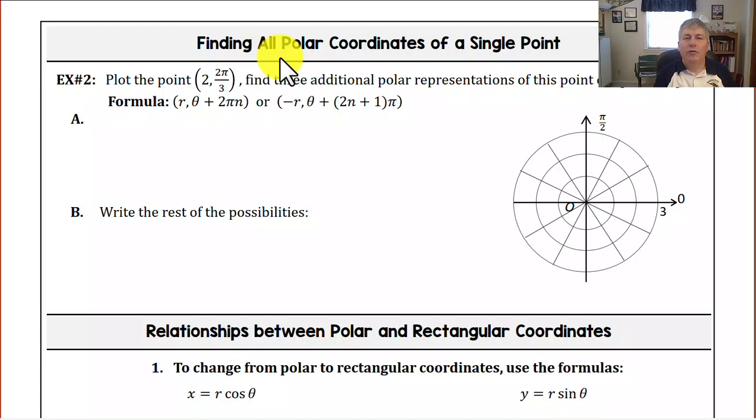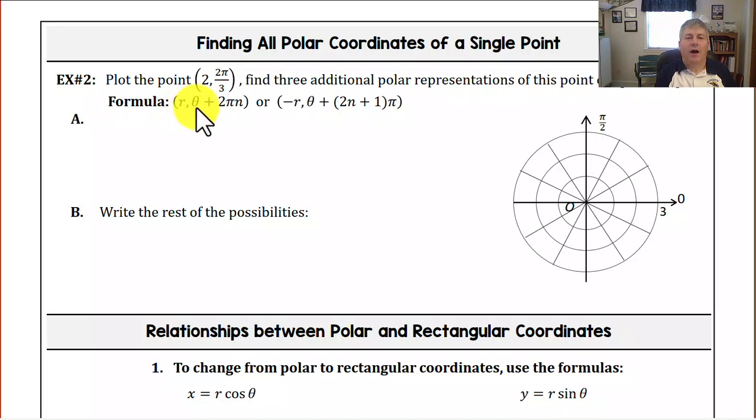In example 2, we're going to find all polar coordinates of a single point. And so as I talked about just a few minutes ago, we're going to do 4 representations of 2 pi over 3 between -2 pi and 2 pi. We get a formula here for those multiple representations.